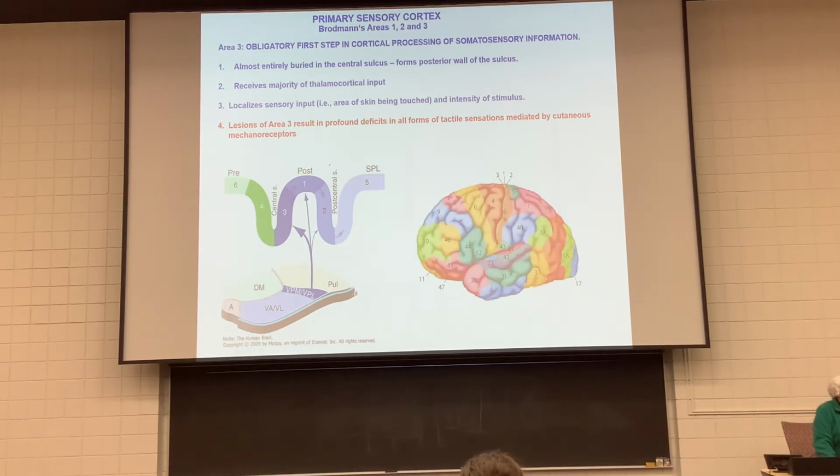So area 3 is buried pretty much in the central sulcus. It receives the majority of the thalamocortical input and is essential for localization and intensity. If you could, probably would be challenging, but if you could just lesion area 3, that's when you would have deficits in any kind of tactile or pain sensation.